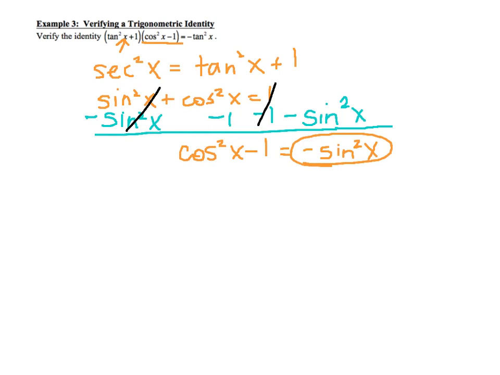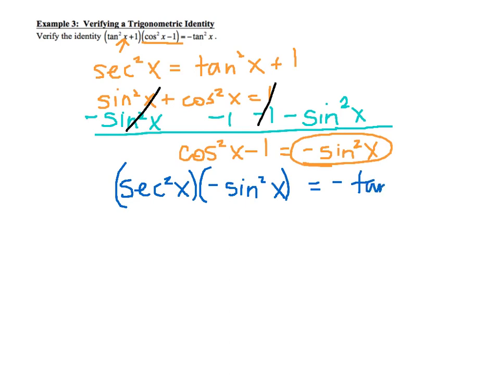So that gives us secant squared x times negative sine squared x, and we're still trying to simplify this so we can get a negative tangent squared x. So if you flip your secant squared x, that's equal to 1 over cosine squared x, and then we're still going to leave this as a negative sine squared x.